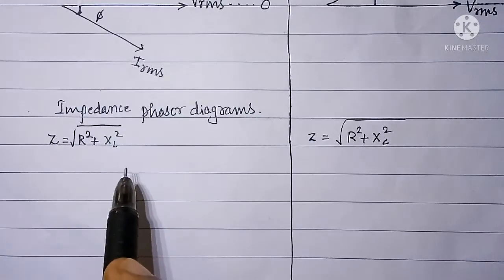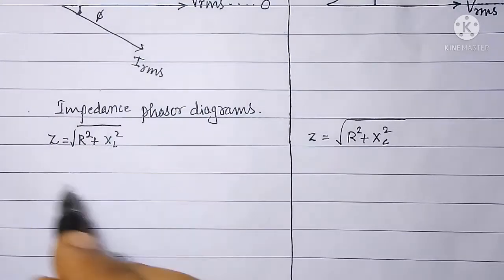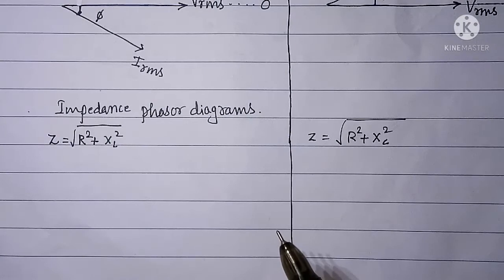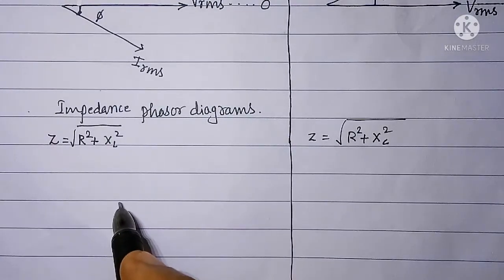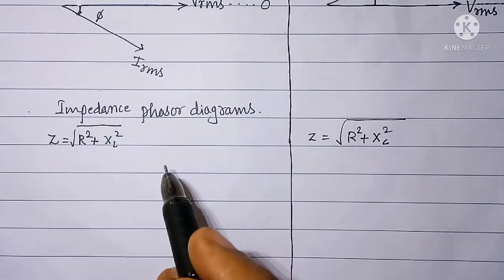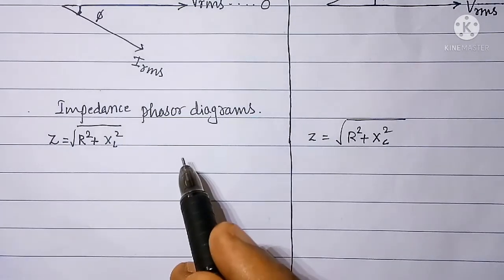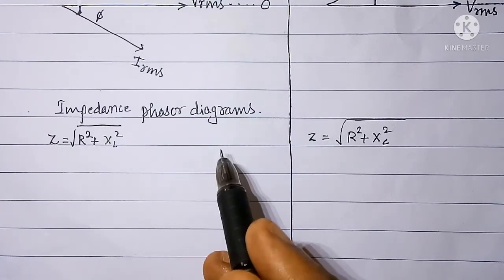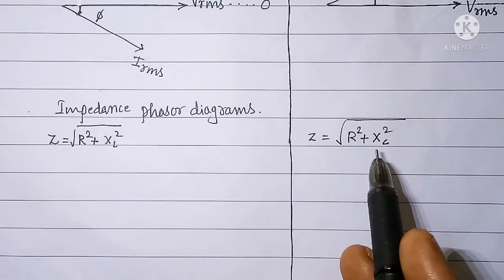So using Pythagoras theorem, we can show this impedance as a triangle formed by three phasors, namely impedance phasor, resistance phasor and inductive reactance phasor. Similarly in RC series circuit also.